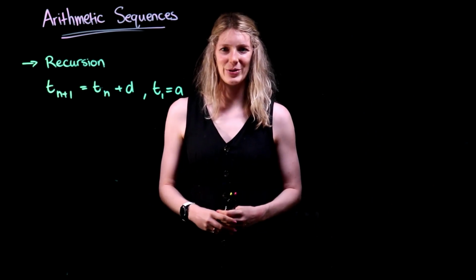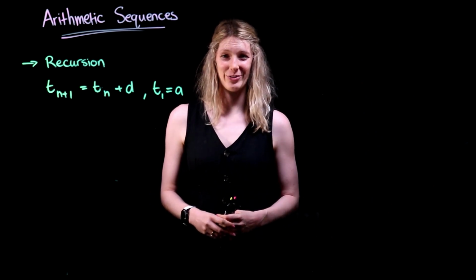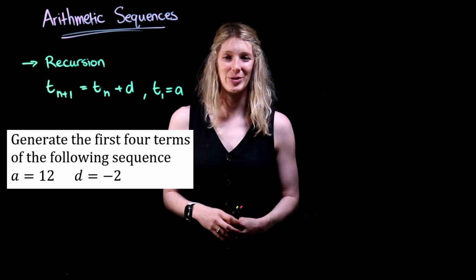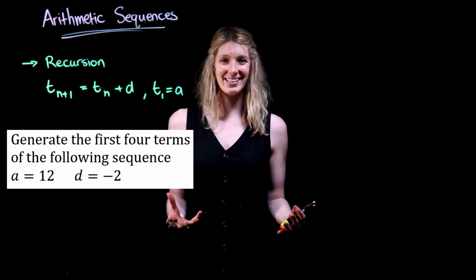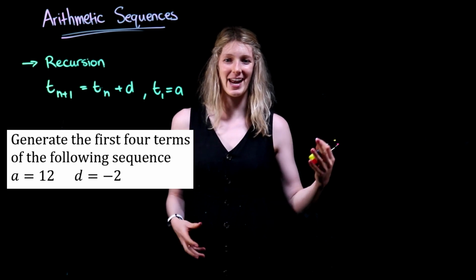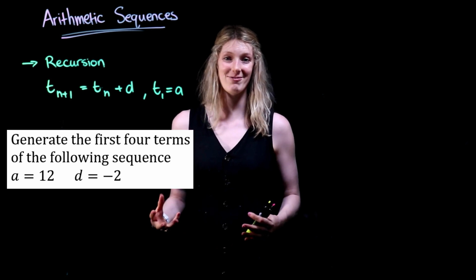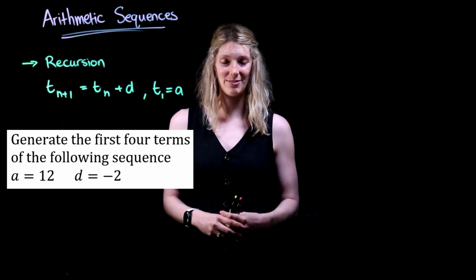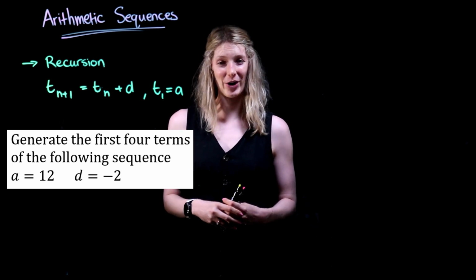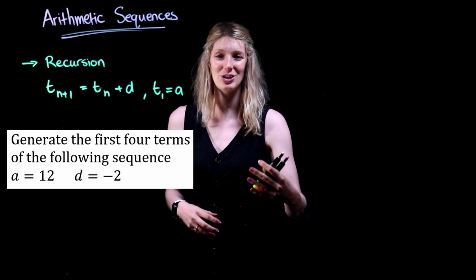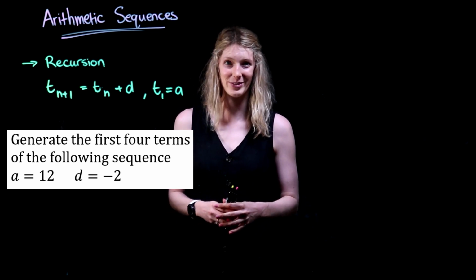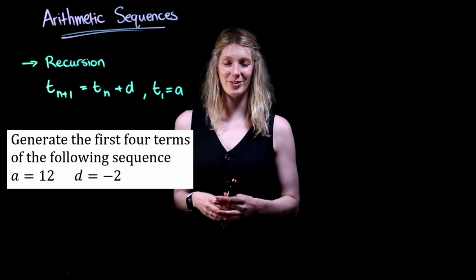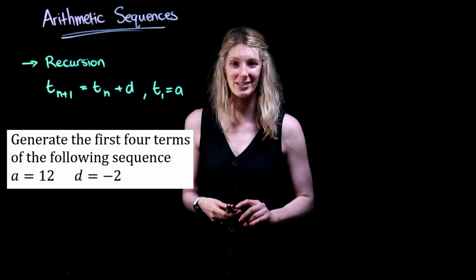Now, at times we are not going to be given the full recursion relation, such as this second example here that we're going to look at. Instead, in this instance, we have just been given an A value of 12 and a D value of -2. So we need to be able to take those two pieces of information, put them into our recurrence relation, and use that to generate our first 4 terms. Now we are going to use our standard form here of the recursion relation to help us.